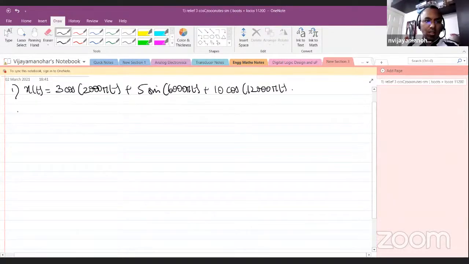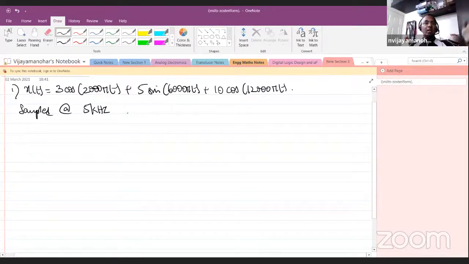And it is sampled at 5 kilohertz. So you are sampling x of t, and after that you are reconstructing y of t based on the samples. That's what is given. Before even solving the question, let us look at it.